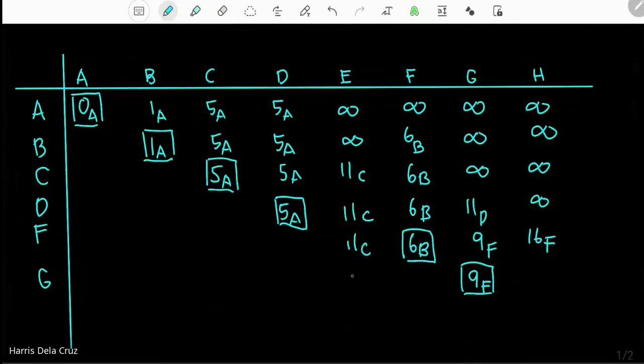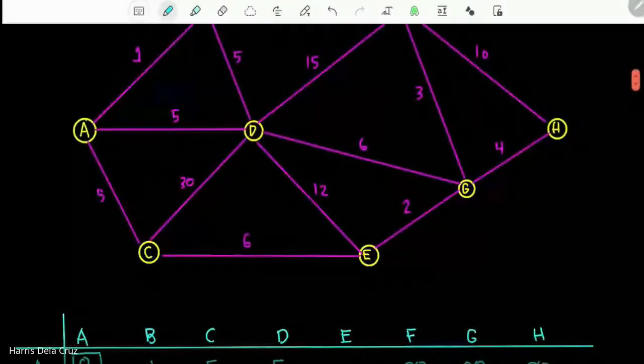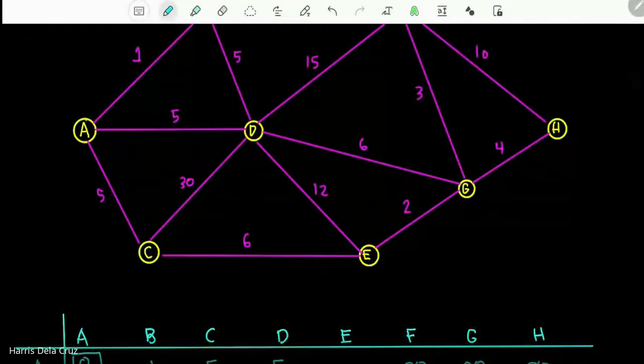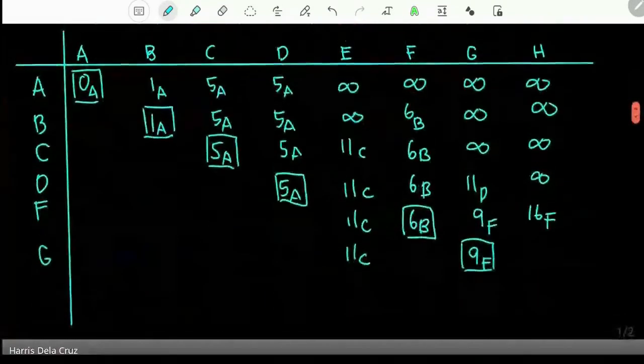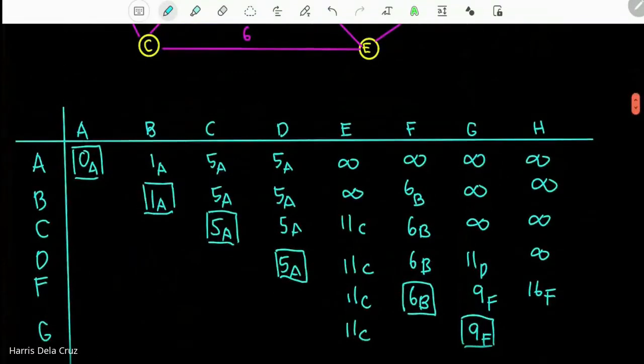So we can just use 11C. On the other hand, for H, that is plus 4. So 9 plus 4, 13. So meaning, since it's smaller, we are now going to replace the temporary label of H with 13G.